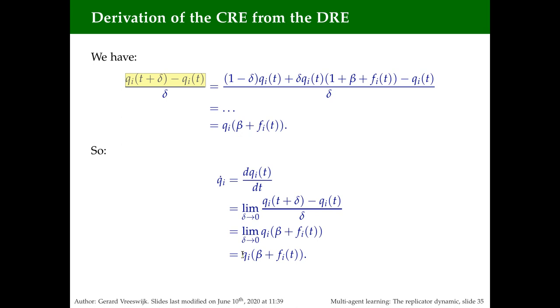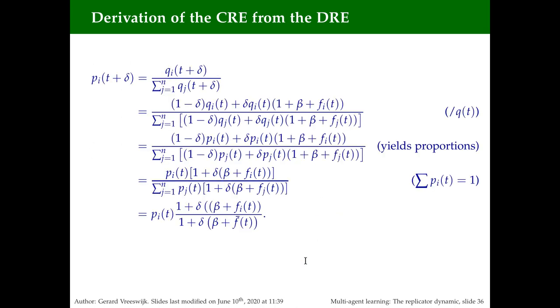So you end up with this equation, and then filling out the right terms and canceling out other terms, you arrive at a variant of the discrete replicator equation, but then with delta.